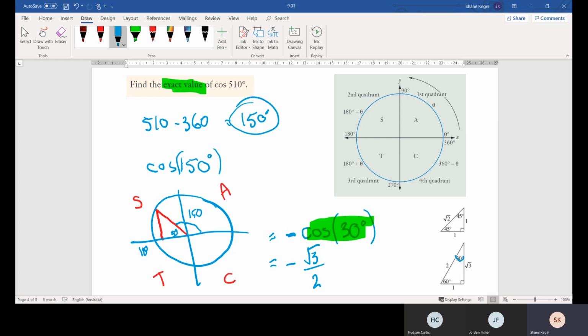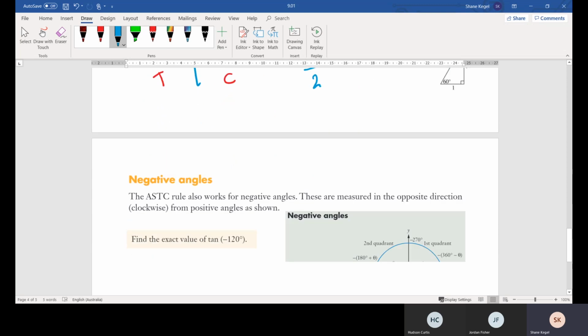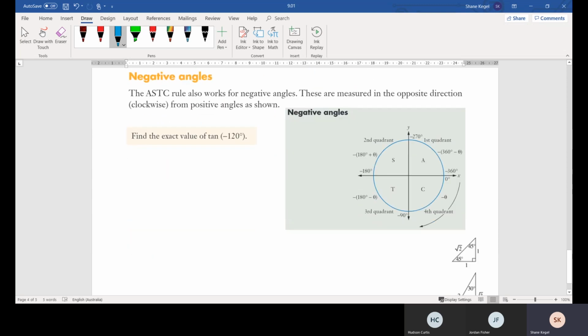Moving on. Now, negative angles. We could have negative angles. As you can see in our question here, we could have tan of negative 120 degrees. And these are quite simple again. The only difference being, instead of traveling around the unit circle, starting at 0 and going this way, we are now traveling in the opposite direction.